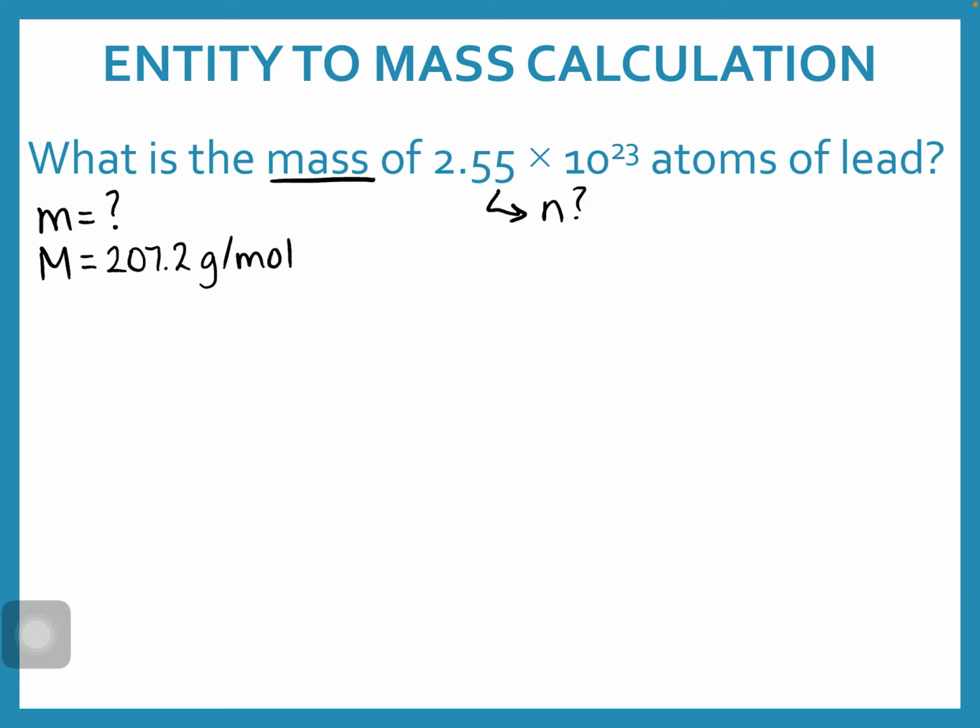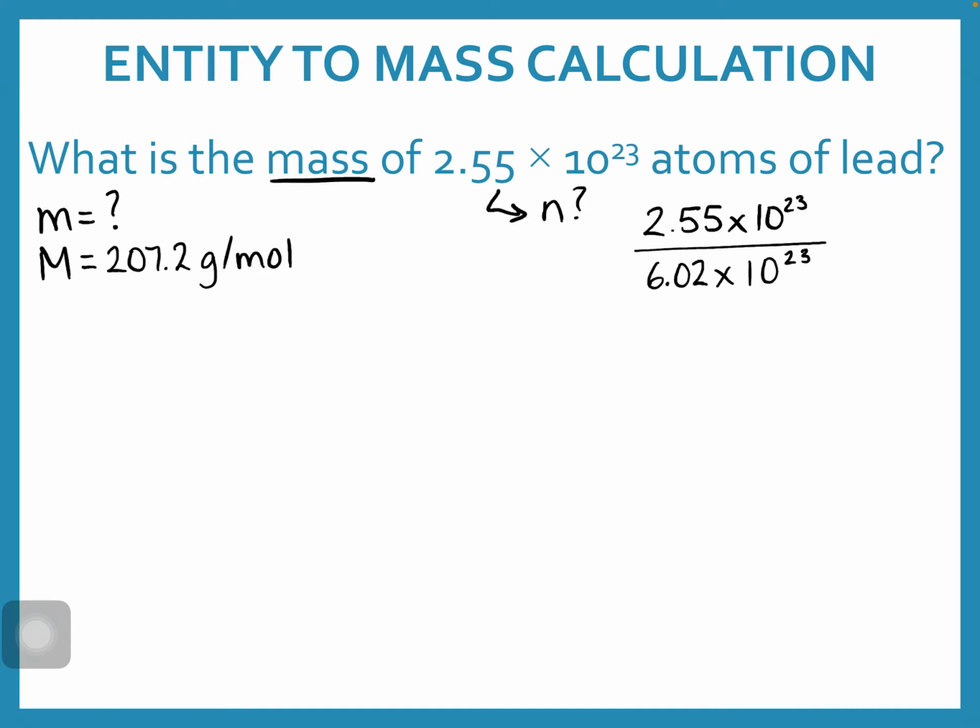So I need to figure out how many units of 6.02 times 10 to the 23 are in 2.55 times 10 to the 23 atoms of lead, since every 6.02 times 10 to the 23 atoms is equal to 1 mole.